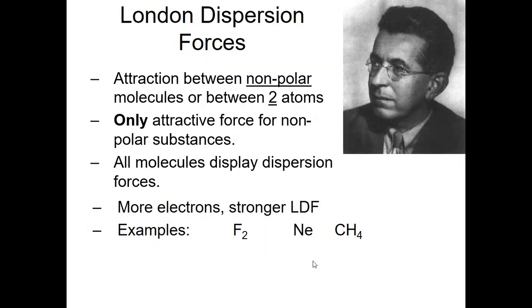So the one that would have the strongest London dispersion force would be fluorine because it has the greatest number of electrons. And that's how you would determine, if you had a choice, which would have the strongest London dispersion force, by looking at the number of electrons.